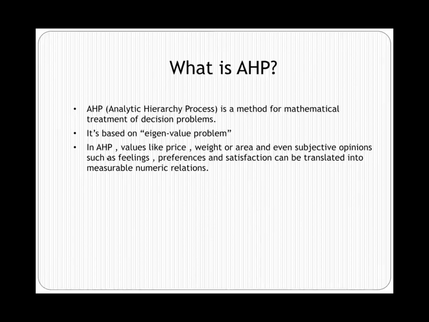As I've explained before, in AHP, values like price, weight, or area, and even subjective opinions such as feelings, preferences, and satisfaction can be translated into measurable numeric relations. Why is this done? This is done so that there can be some form of weighting or ratio analysis between each of these values.